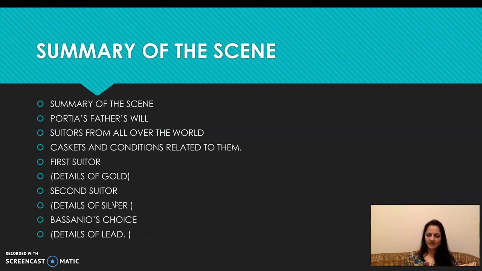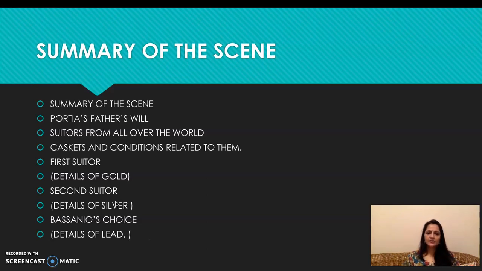Now, before we start discussing the importance as such, we need to write the summary of the scene. Portia's father willed that whosoever chooses the right casket, the one which contains Portia's picture, will marry Portia. The suitors have to make that choice depending upon the inscriptions written on all three caskets.